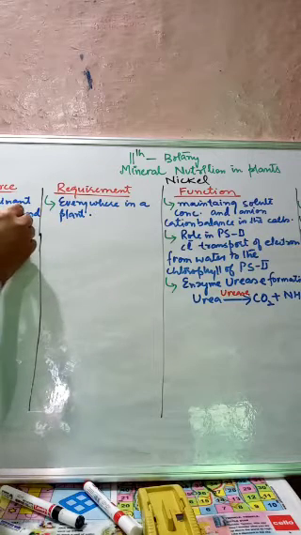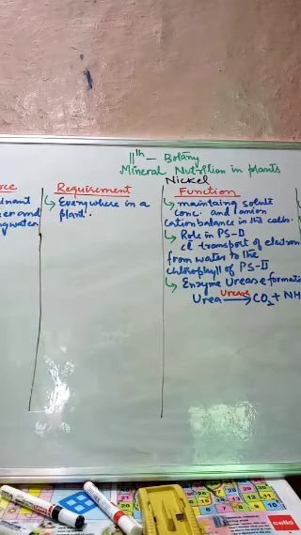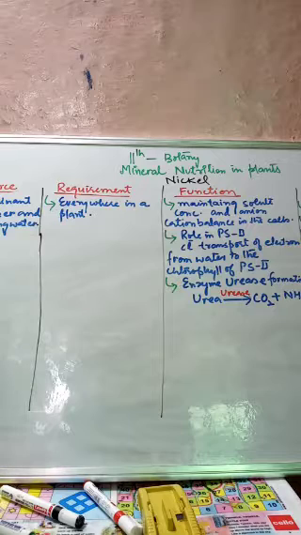So it is not directly absorbed from the soil, but whenever we have a fertilizer that has been contaminated with nickel, or the irrigating water has got contaminated with this nickel, it is absorbed by the plant.